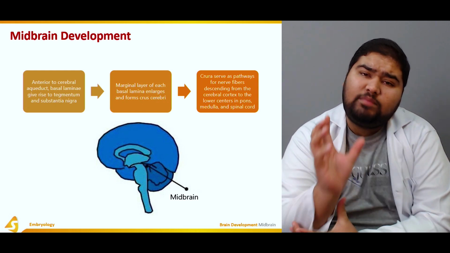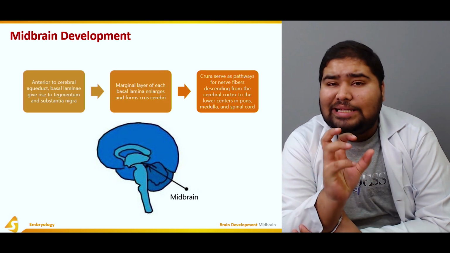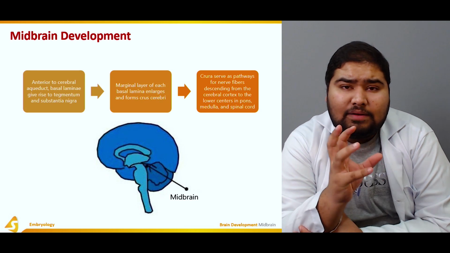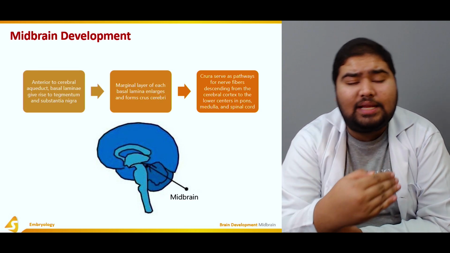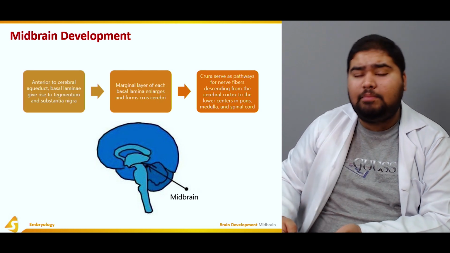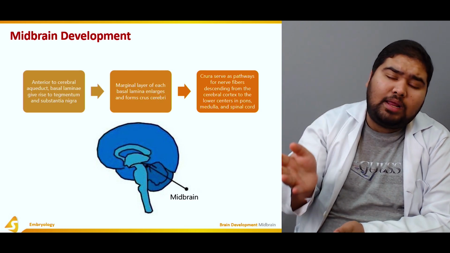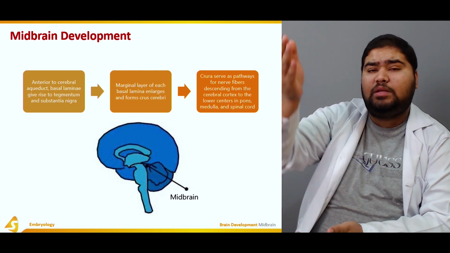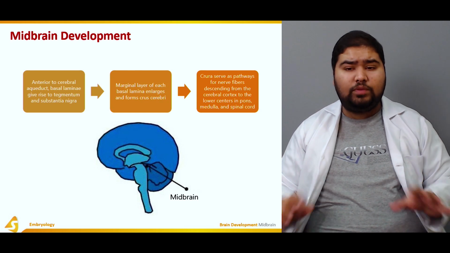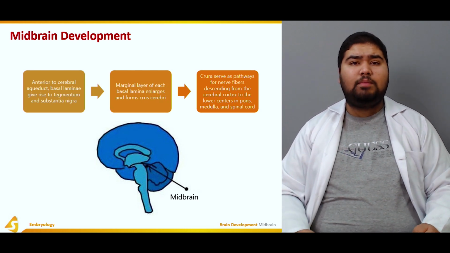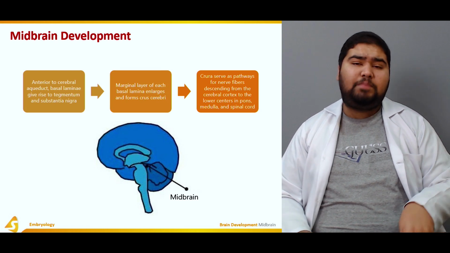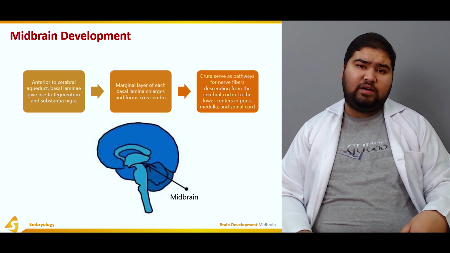So the function of the midbrain is to act as a relay center. What does the midbrain do? It is a relay center for all the information that is coming from the brainstem and goes to the cerebral hemispheres, and from the cerebral hemispheres back to the brainstem. So the crura that developed from the marginal layer of basal lamina serve as pathways for various nerve fibers.